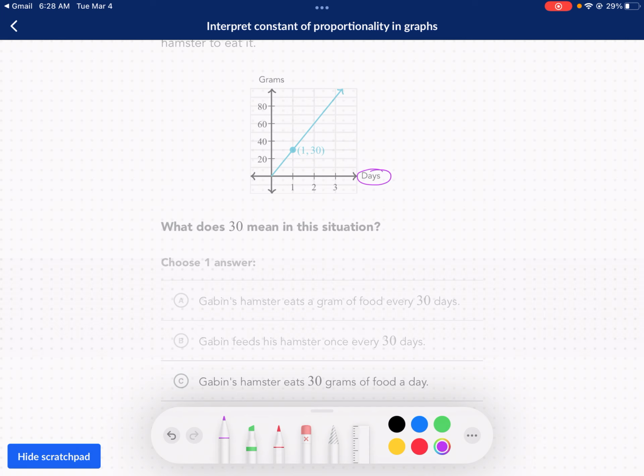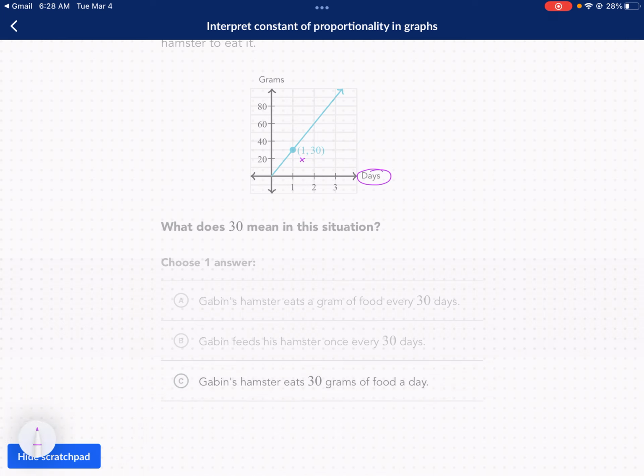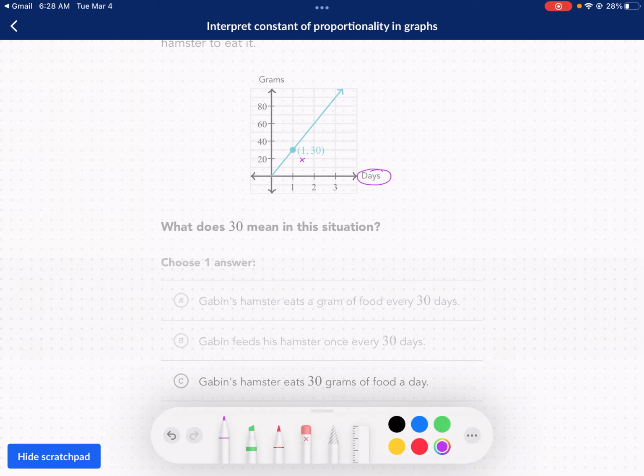Days is my x-axis, so days, comma, and then grams is my y-axis. So days is my x, y is my grams. So for every 1 day, so per day, looks like he eats 30 grams.